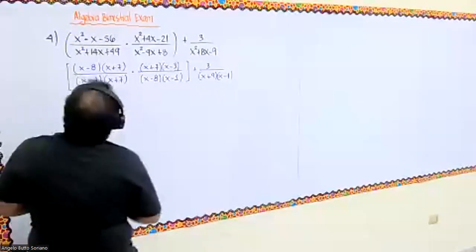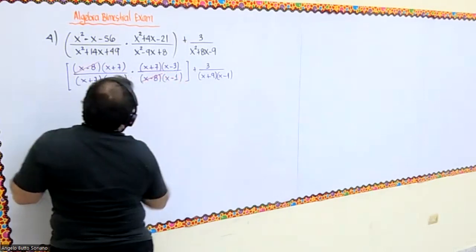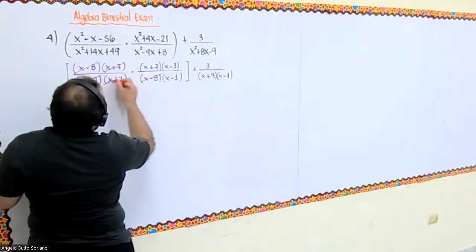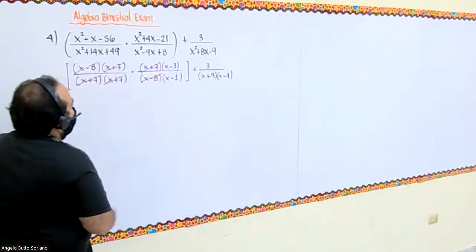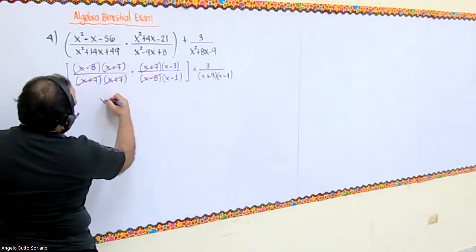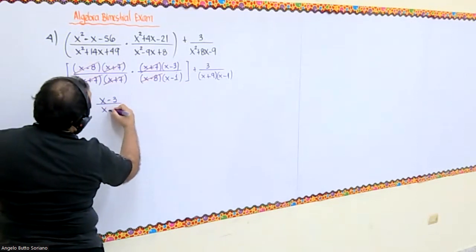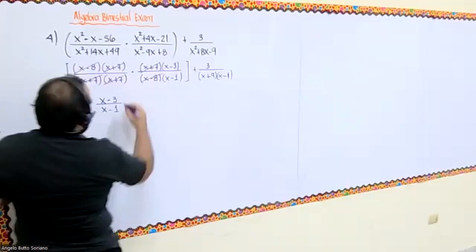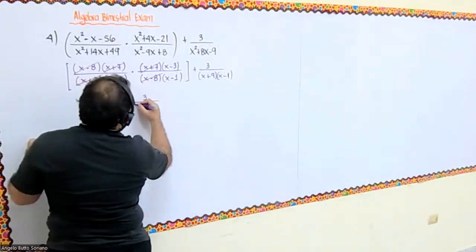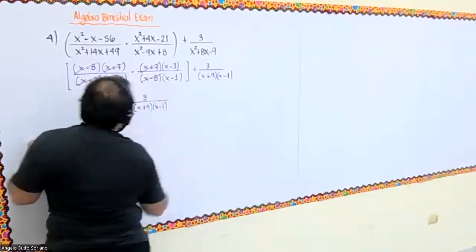For example, this x minus 8 can be canceled with this x minus 8. x plus 7 cancels with this x plus 7, and this x plus 7 cancels with this x plus 7. For that reason, the new fraction will be given by x minus 3 over x minus 1 plus 3 over x plus 9, x minus 1.